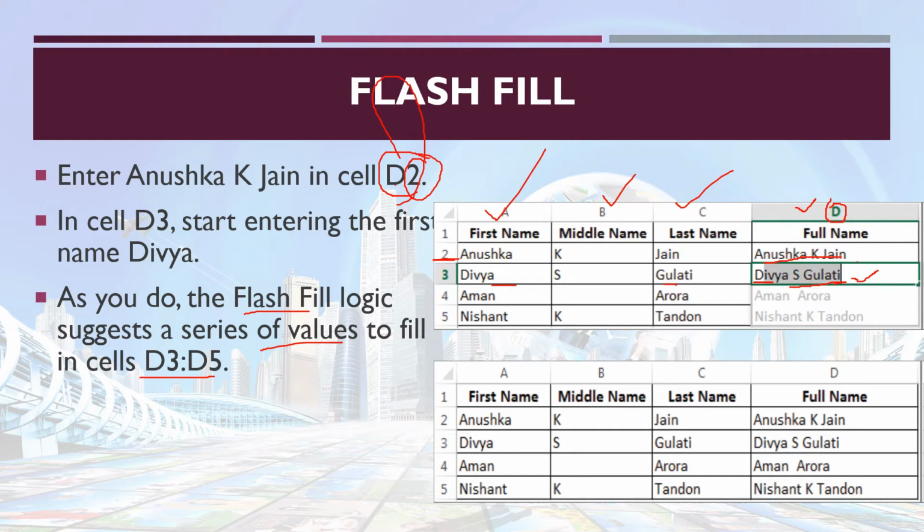So when you type D or Divya, it automatically shows a series of values to be filled from cell D3 to D5. When you press enter, this list will be accepted and you can see the remaining cells get filled automatically. Okay, you understood now?